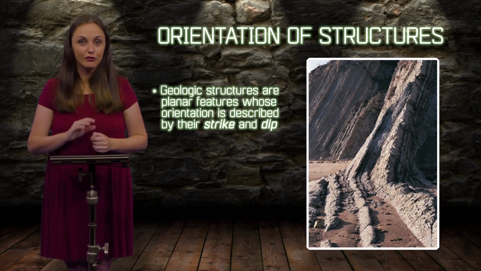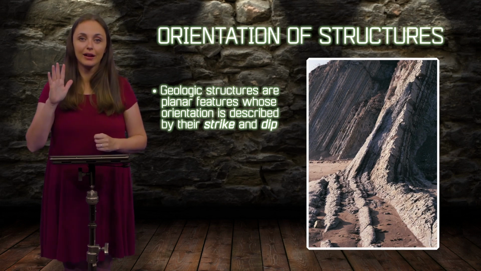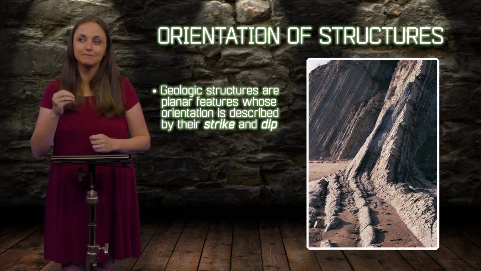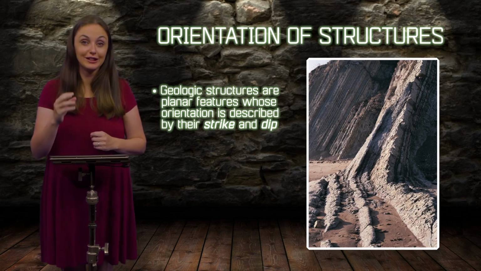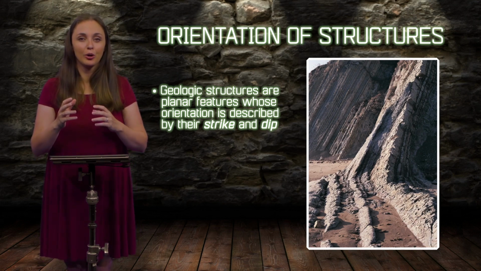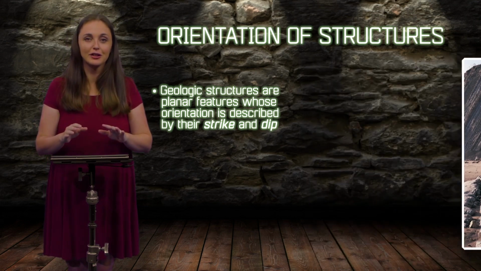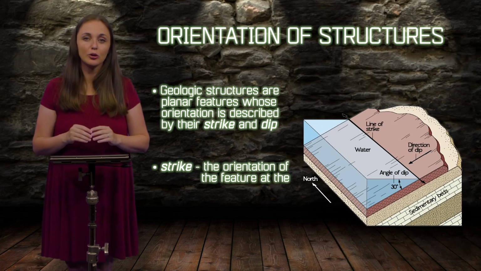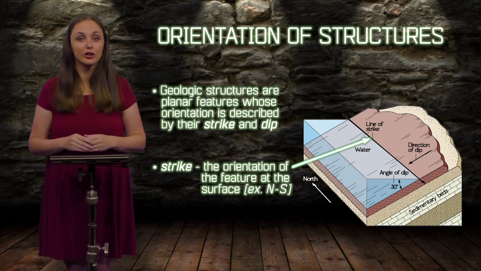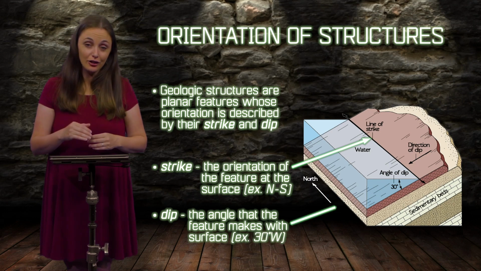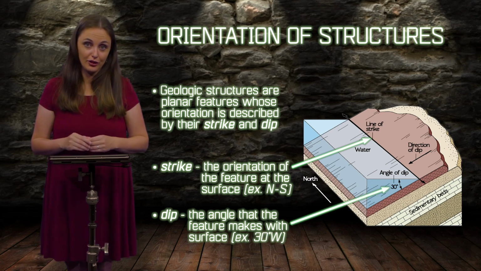Now, if you just wanted a flat definition for these, it's not going to be enough to really tell you what's going on. It's not going to give you a visual, but just a definition. The strike of a feature would just be the orientation of that feature at the surface. The dip of the feature is the angle that it makes with the surface of the Earth.